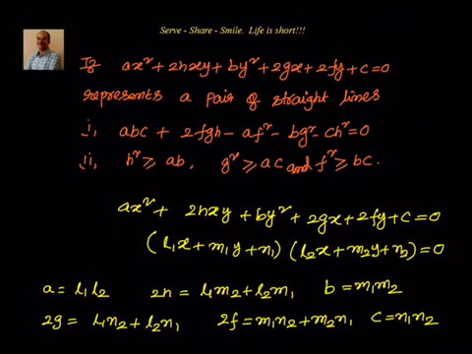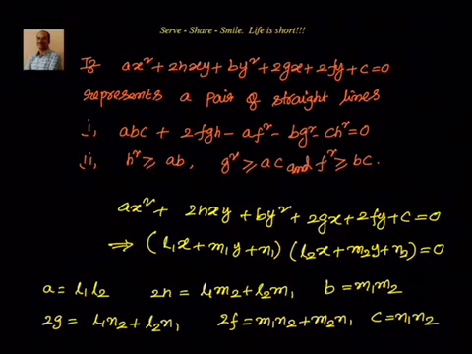Now, so once we have a = L1 L2, 2h = L1 M2 + L2 M1, b = M1 M2, we have been given that this second degree general equation represents a pair of straight lines. So we have taken it as a combined equation of two straight lines. One is L1x + M1y + N1, another is L2x + M2y + N2. Now when you multiply this, that should represent this equation.